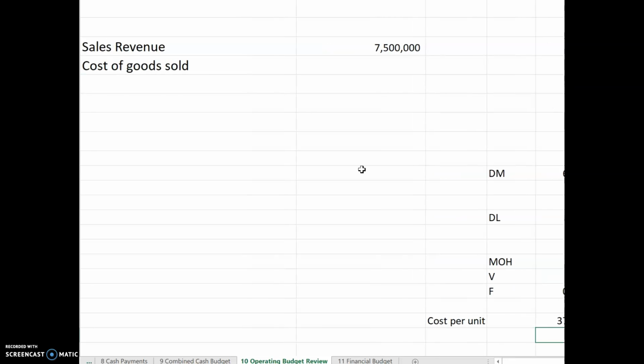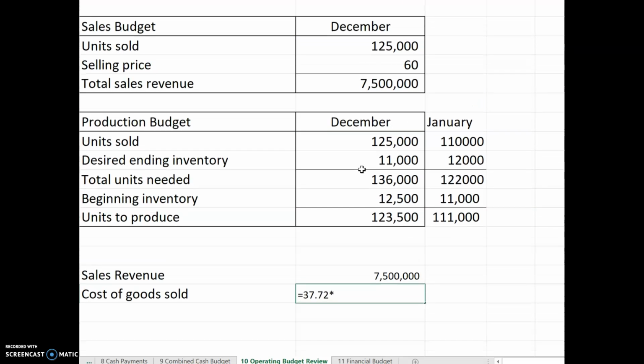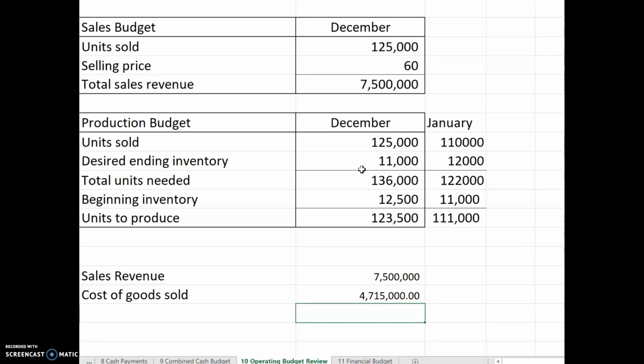So our cost of goods sold is going to be the $37.72 per unit times the units sold of 125,000. Let me get rid of the decimal places. So that's how we'll get our gross profit, by subtracting.